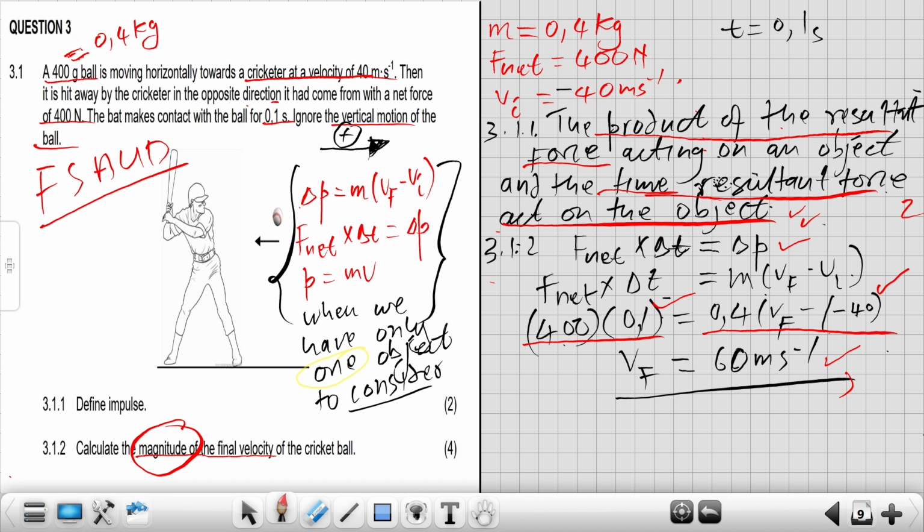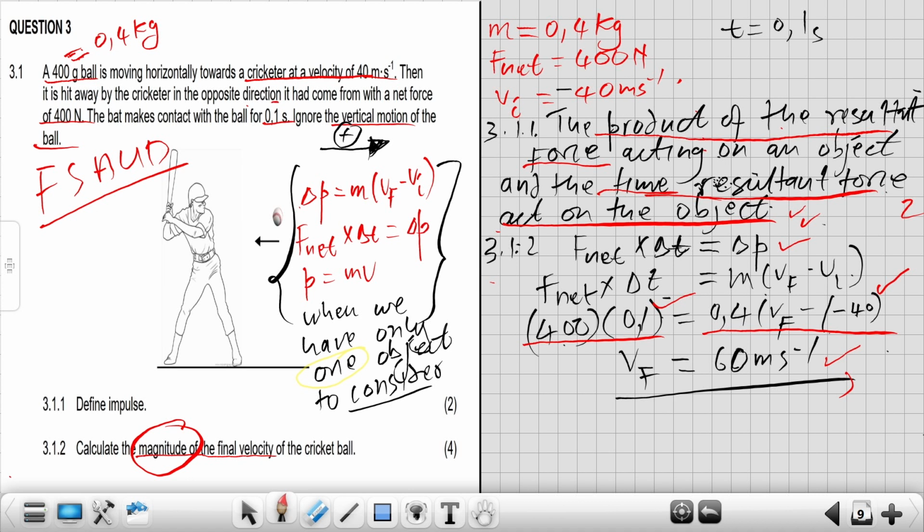So with that, it becomes clear that when I work with only one object, the chances are I am dealing with impulse calculation. So when I have two objects, then I am looking to work with conservation of linear momentum.